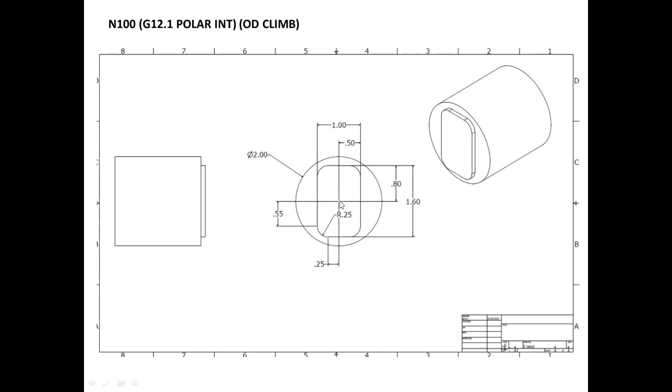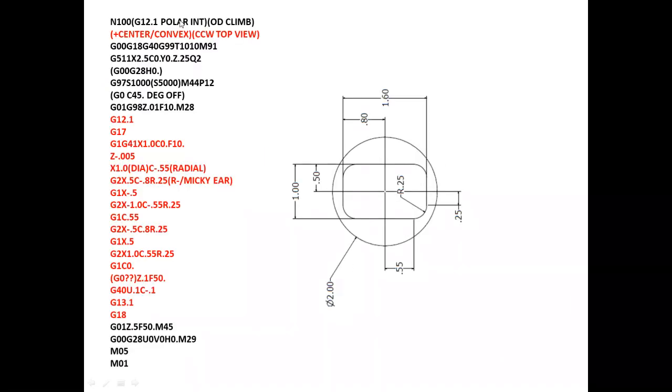In polar interpolation, your program starts from the center, so all the dimensions are from the center point. Polar interpolation in the Fanuc control, even Mitsubishi control, is G12.1. In this example, 1 inch is the X-axis, and 1.6 horizontal is the Z-axis I selected.